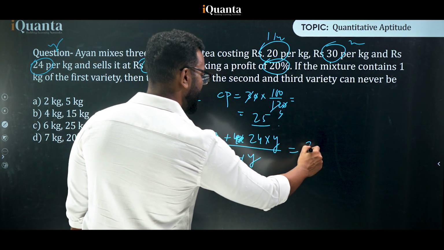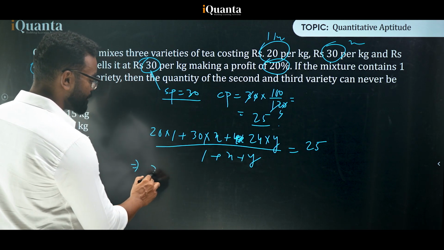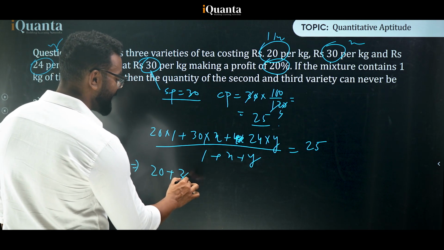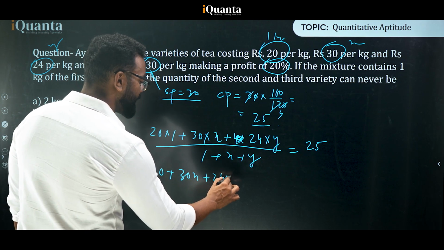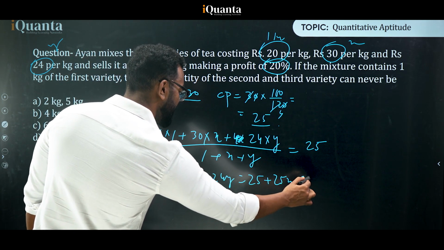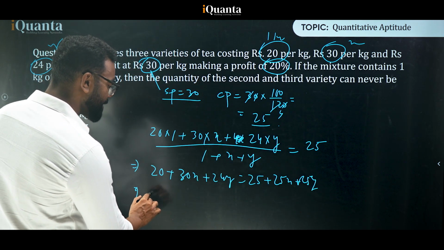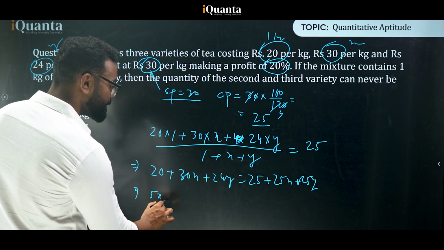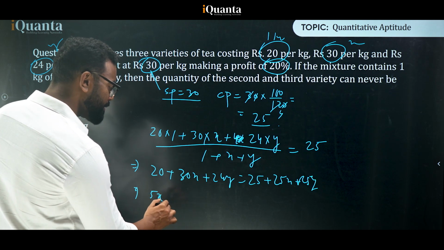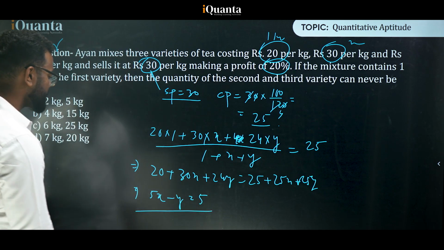This should be 25. So 20 plus 30x plus 24y is equal to 25 plus 25x plus 25y. Now if I solve this directly, I'll get 5x minus y is equal to 5, assuming my calculations are correct.